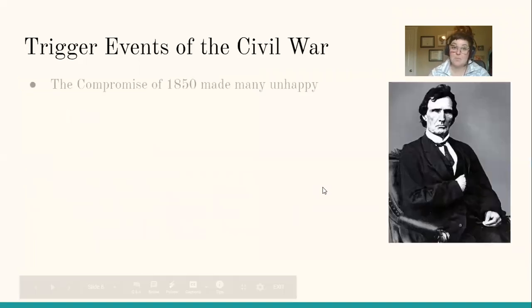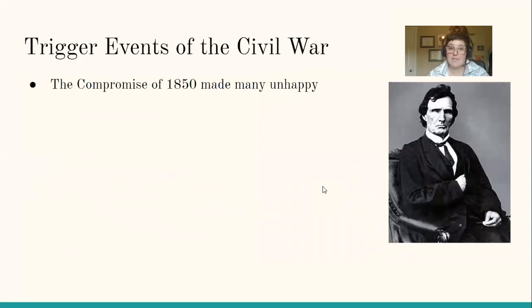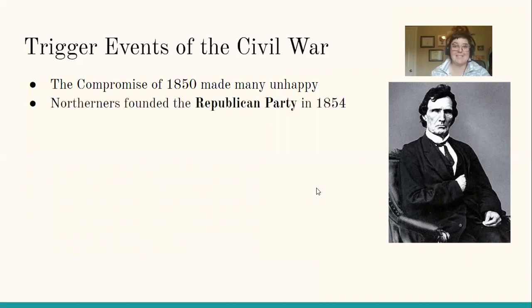Okay, so at this point, the Compromise of 1850 made many people unhappy, like a lot of compromises do, right? It never pleases one side or the other, and everyone ends up unhappy. And so Northerners founded the Republican Party in 1854, kind of as a result of the Compromise of 1850.